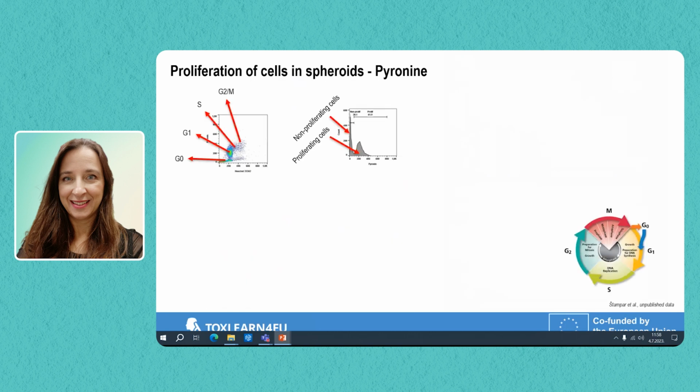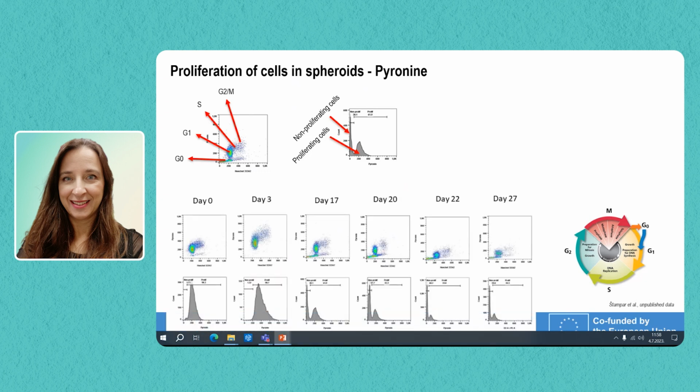Then we also used pyronine, a stain that binds to the RNA. So we measured what is happening with those cells that are actually viable and proliferating, whether we again get the same result. These are the cells that are labeled with the pyronine.